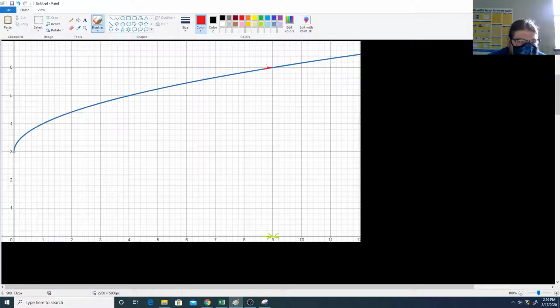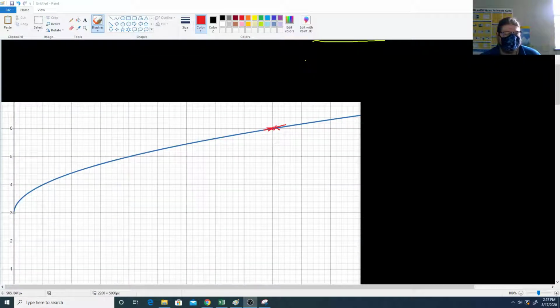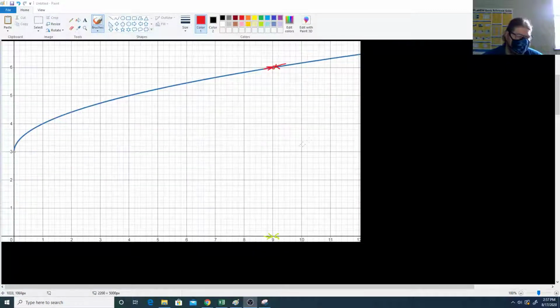From below, you're approaching 6. From above, you're also approaching 6. Even though there's an open circle here at 9, that's okay because the y values are approaching 6 from either side. So we see it numerically, and here we see the same thing happening graphically. We'll stop on that one here.